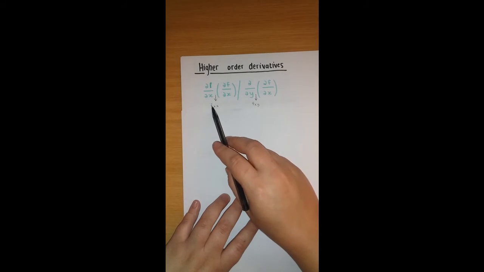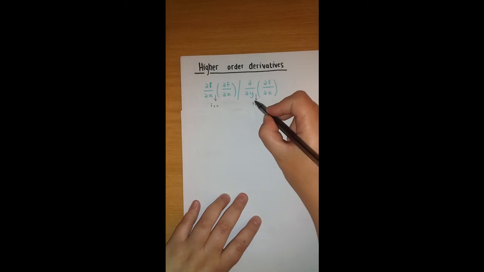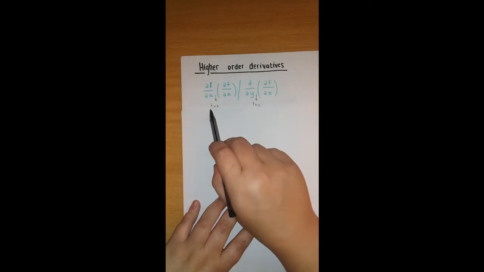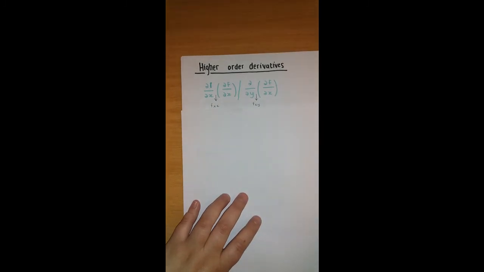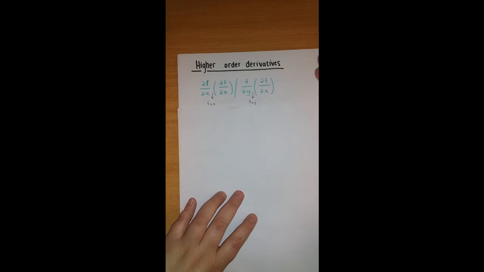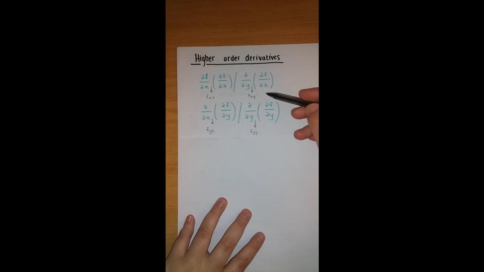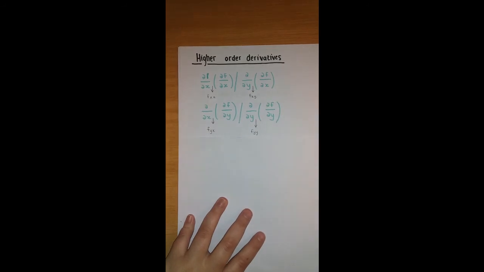We usually call this f of xx and f of xy because you first derive towards x and then you derive towards y, and here you derive towards x and then to x again. So it's basically just an iterative process where you first derive to the one variable and then you can derive to the other variable again or to a different variable. So this would be your combination if you only had two variables and you're only going to a second order derivative.